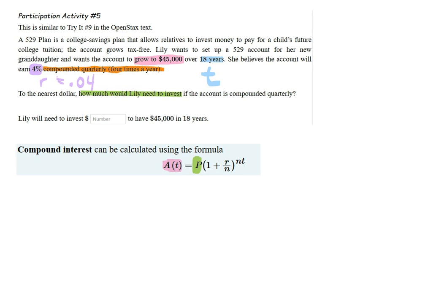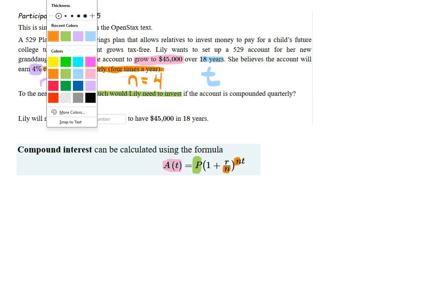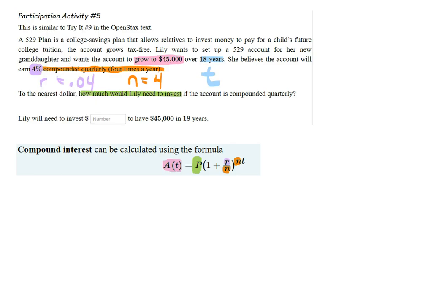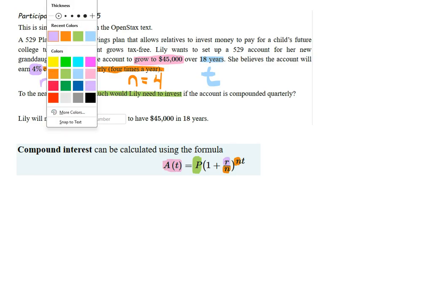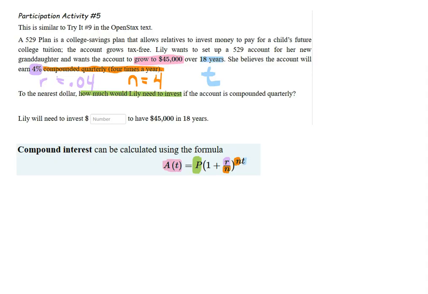The number of times that they compound it is your N, 4 times a year. But I've got an N right here, and an N right there, a little R right there, and a T right there.